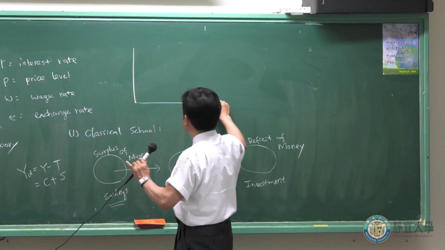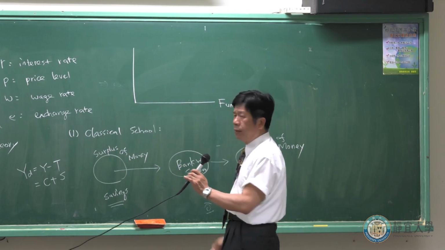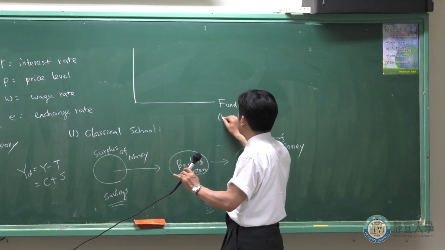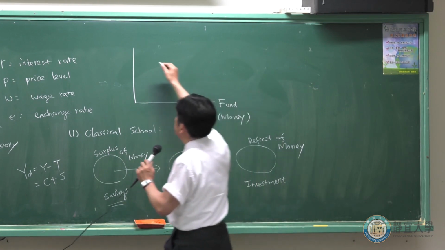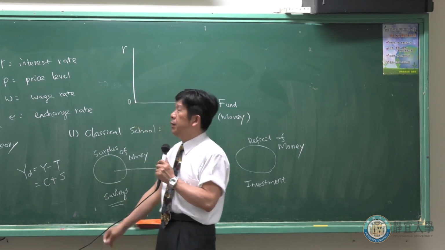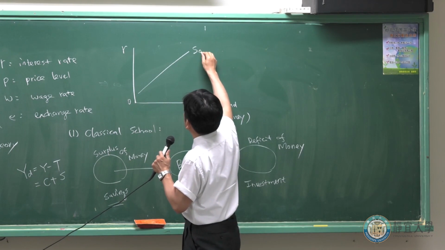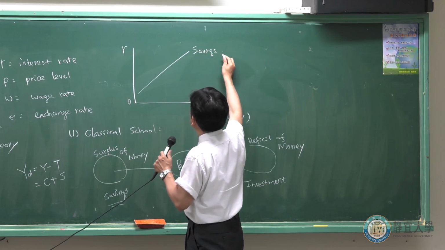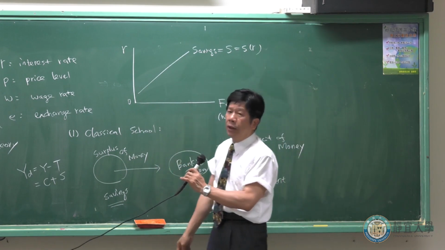Here this is money, or funds, and here this is the interest rate. So someone wants to do some savings. This is the savings, S equals S(R).